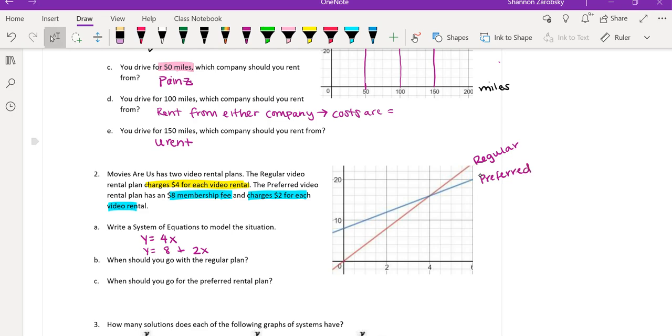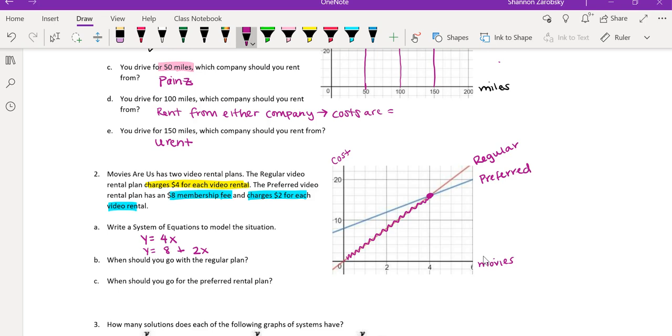Okay, so when should you go with the regular plan? Remember, your goal is to save money. The red line is below the blue line for all of these movie rentals up until this point. This is the number of movies, and this is the cost.